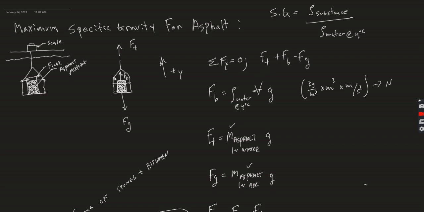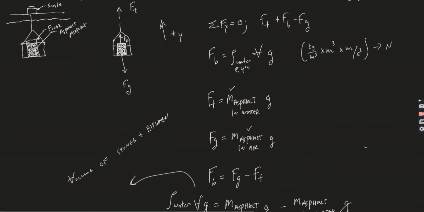You can formulate that it's tension plus the buoyant force minus the gravity force, and this will all equal 0. The buoyant force is equal to the density of water at x degrees Celsius, not 4 degrees, because it's dependent on whatever temperature the water is at.